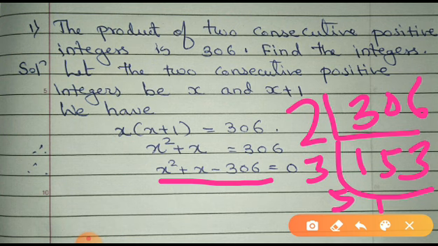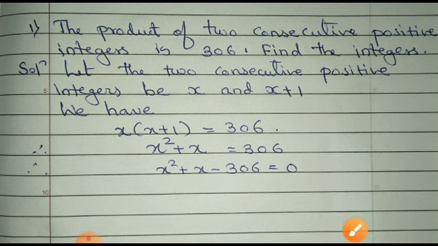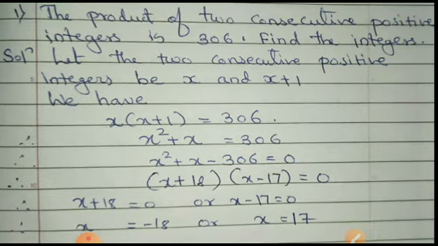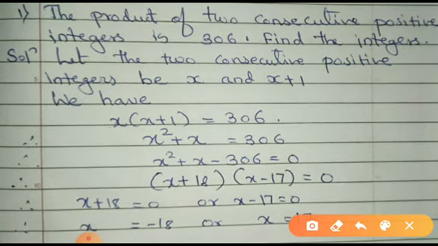Again 51, that means it is 17 into 3, since 17 threes are 51. So I have to get the sum as 1 and the product as 306. If I check through that, I will get the numbers as 18 and minus 17.